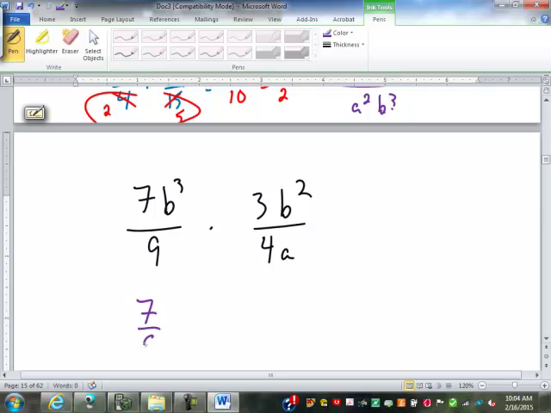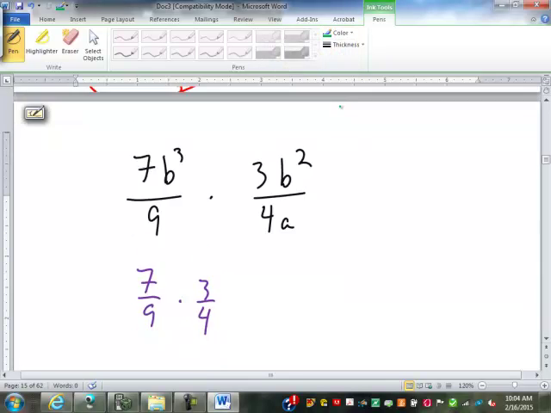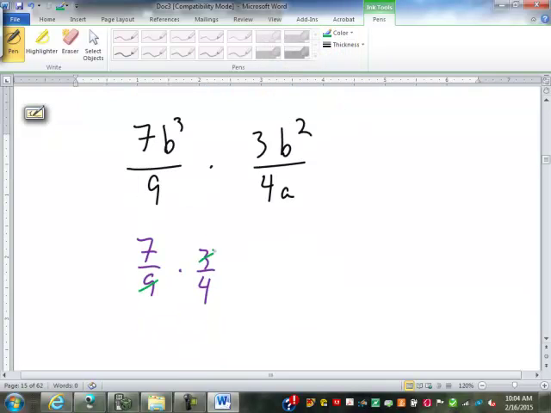Seven ninths and 3/4. We can cross cancel the 9 and 3 to get 1 and 3. 7 times 1 is 7. 3 times 4 is 12. Everybody's okay with the number part of it? Yeah. Okay. So we got the 7 and 12.